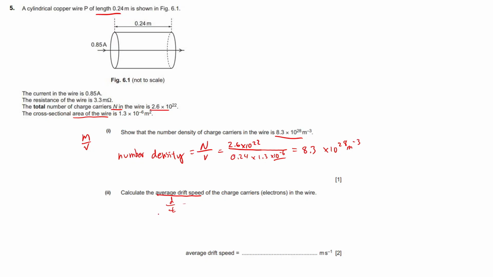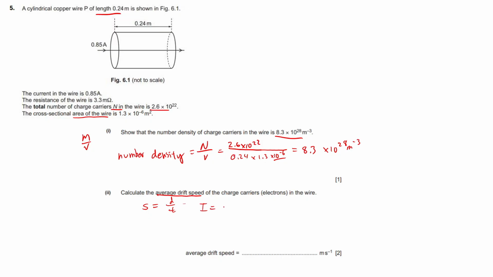In this case, I use D as distance, it's just a habit, but in reality, the correct notation should be S over T. So we do need to find time as well as distance in order to calculate this speed.